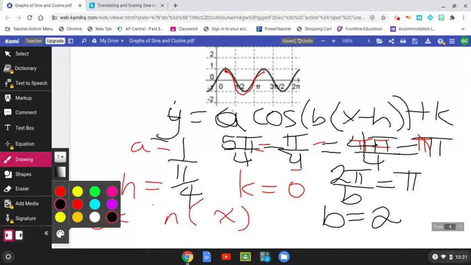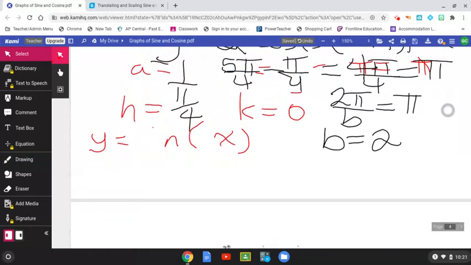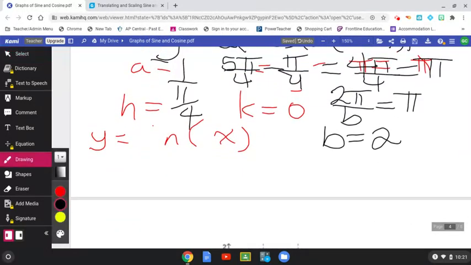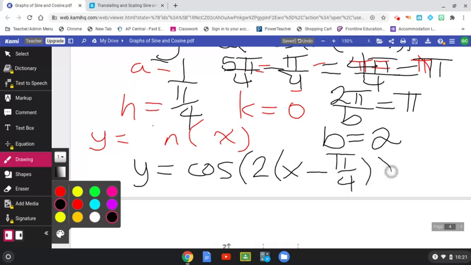Okay, so we have everything we need to write our equation. Sorry, this is a little messy. The equation would be y equals 1 times cosine of 2 times x minus pi over 4, plus 0.